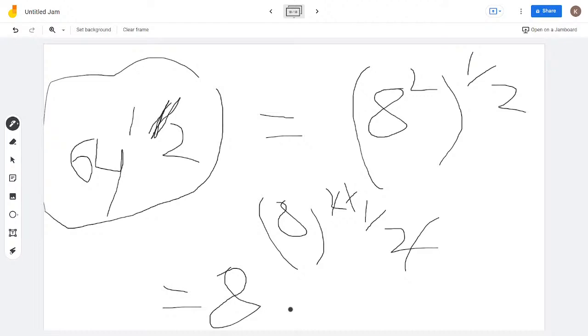Now the next point which we learned in this chapter is that all the rational and irrational numbers make up the collection of real numbers. They all come under the domain of real numbers. Okay. And after that, there is a unique real number corresponding to every point on the number line.